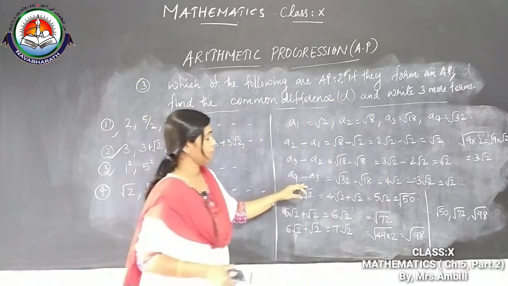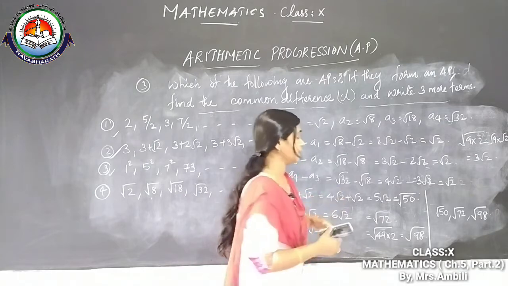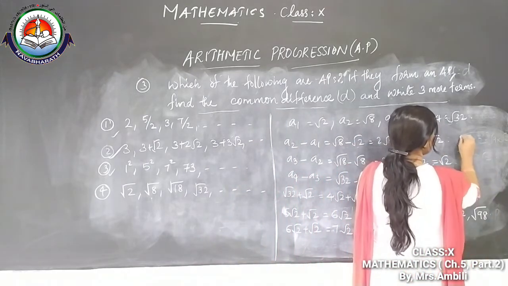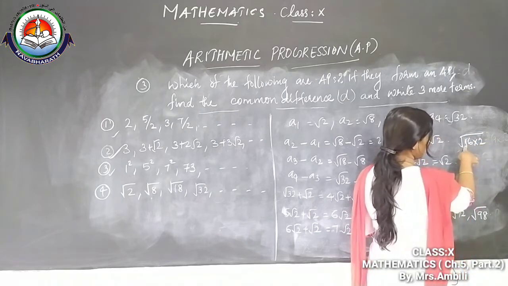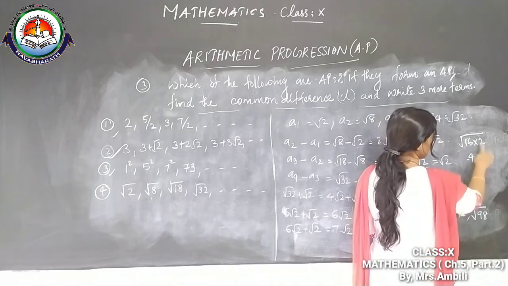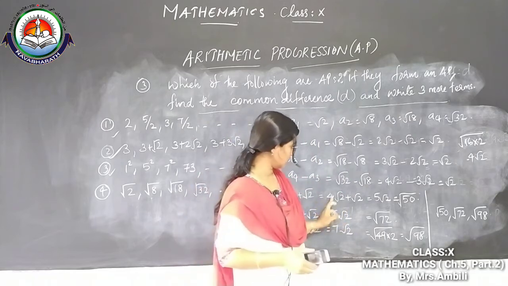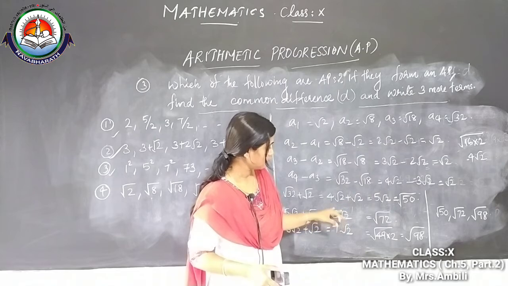Next, A4 minus A3, where A4 is root 32. We can write 16 into 2 is 32. So root 16 is 4, giving 4 root 2. So root 32 becomes 4 root 2.